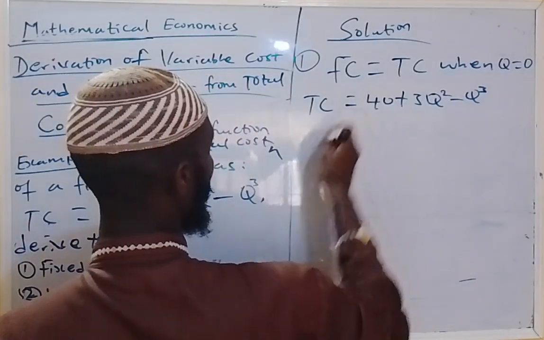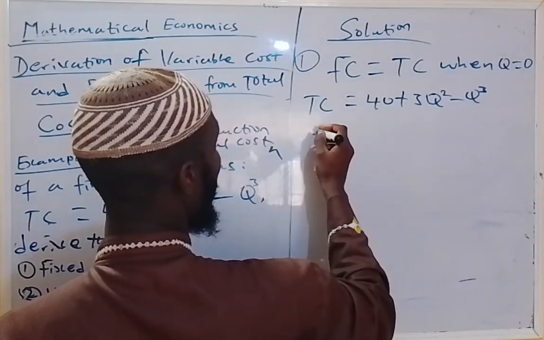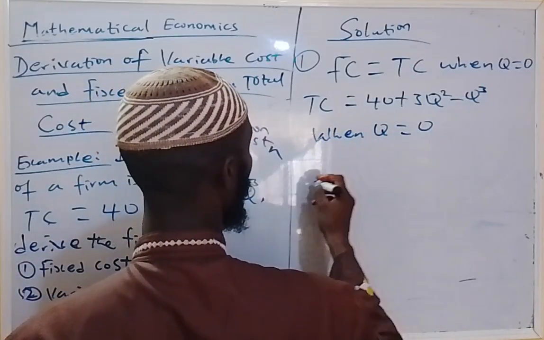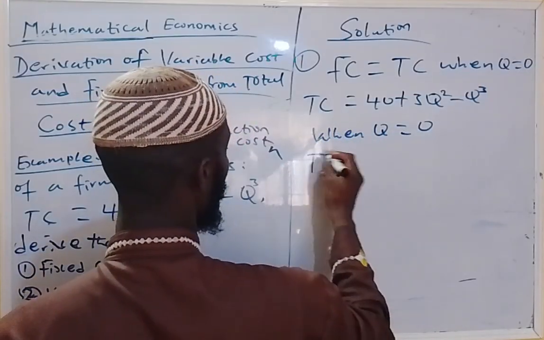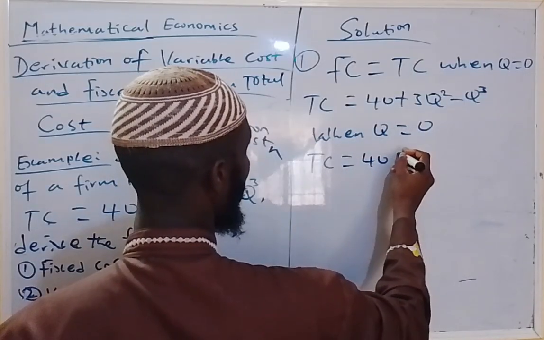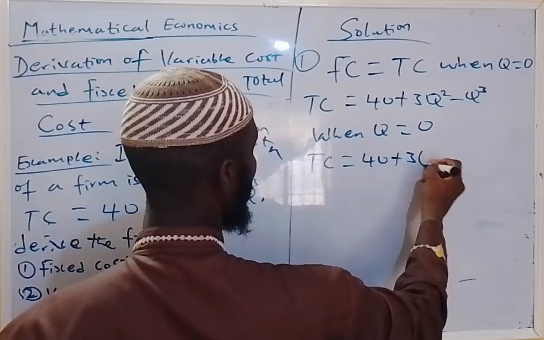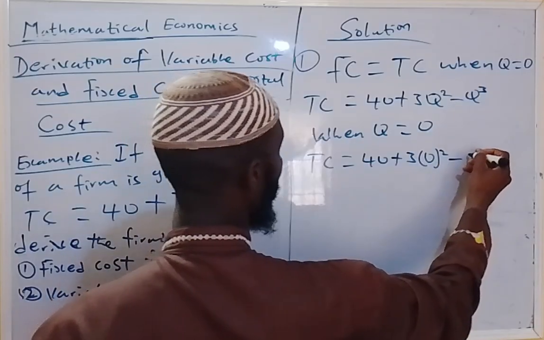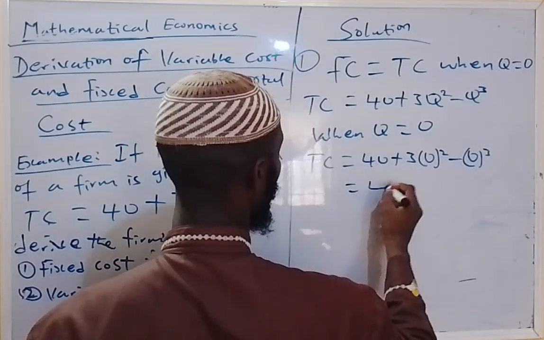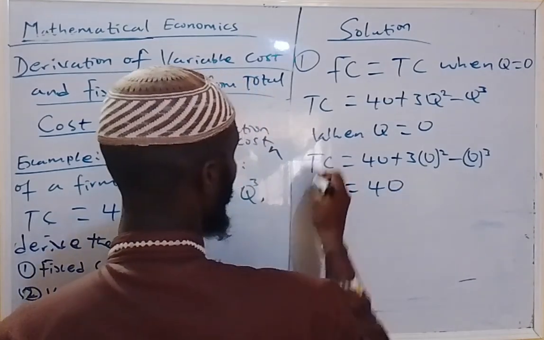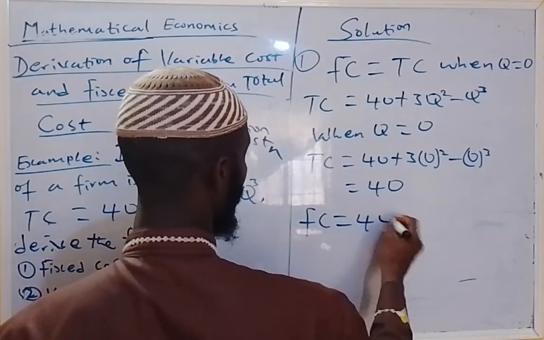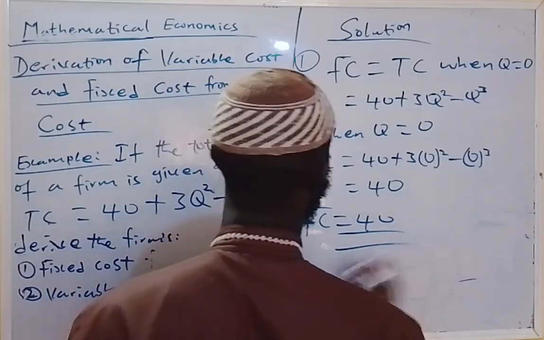So we said when Q is equal to 0, TC equals what? 40 plus 3 by 0 squared minus 0 raised to power 3. In other words, we have 40. So we have our FC equals 40.